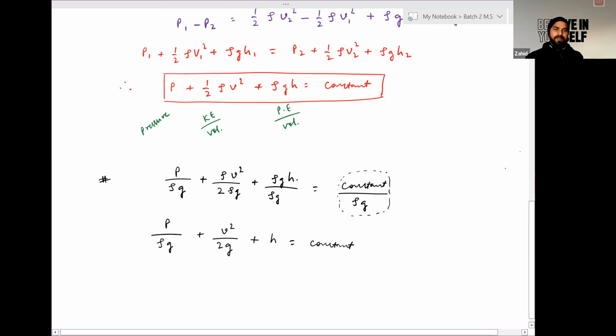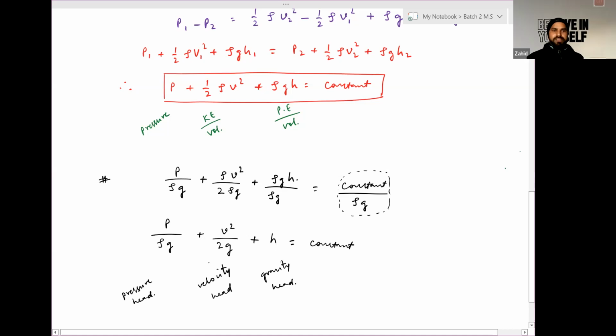Now this term, pressure divided by density into gravity, is called pressure head. The second term, velocity squared by 2 times gravity, is called velocity head. And this third term, only H, is called gravity head.